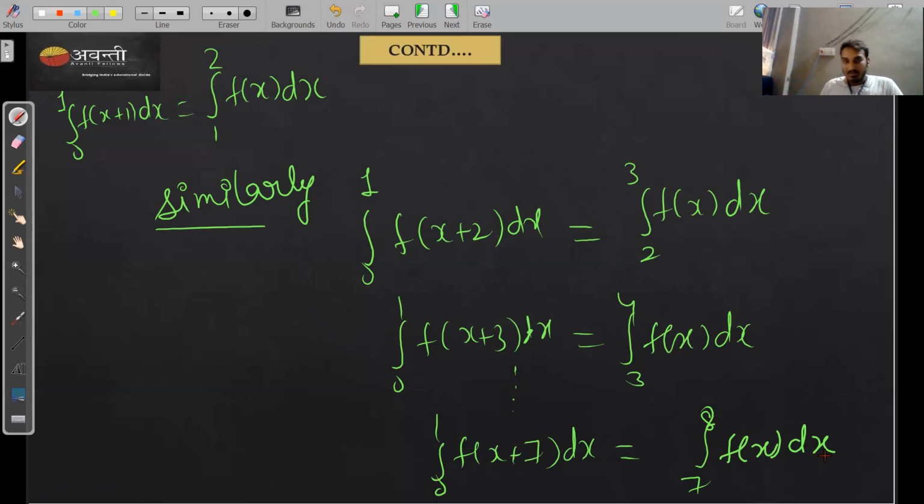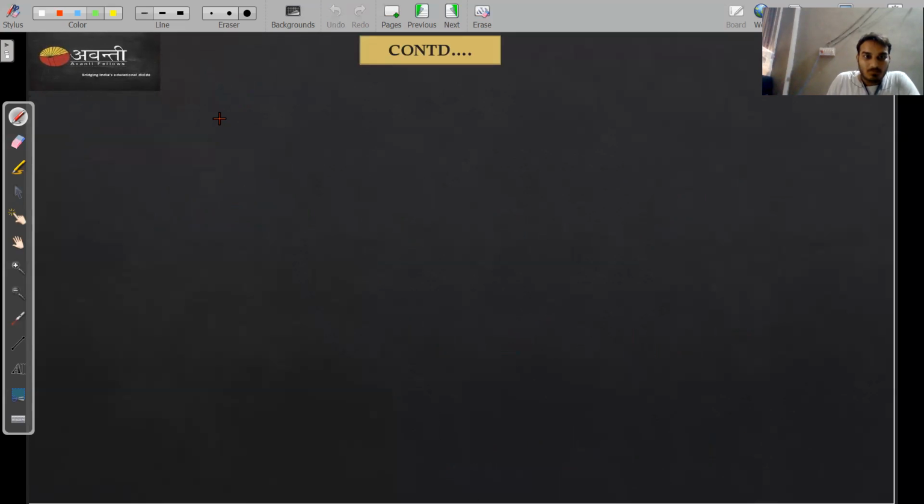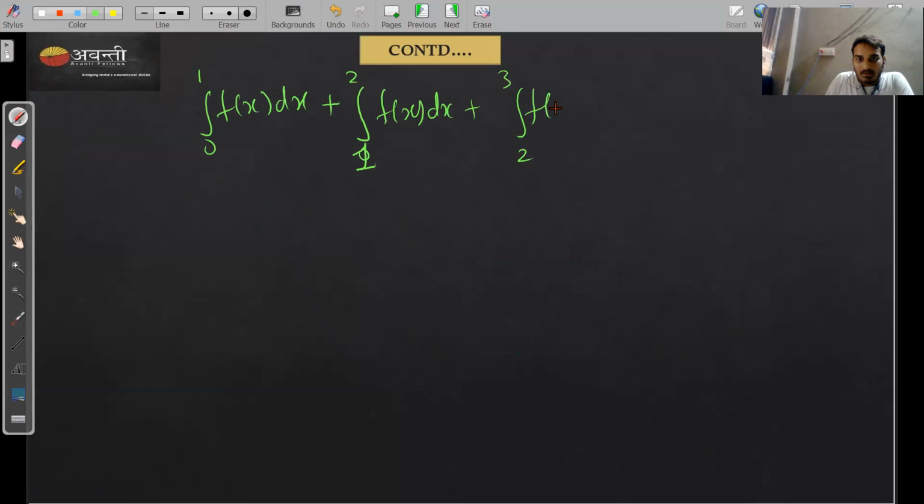So what does my equation become? My equation now becomes integration 0 to 1 f of x dx plus integration 1 to 2 f of x dx plus integration 2 to 3 f of x dx, and so on up to integration 7 to 8 f of x dx, right?